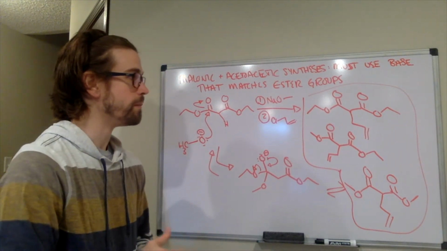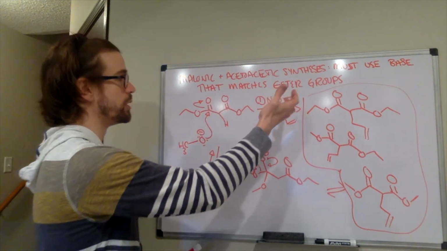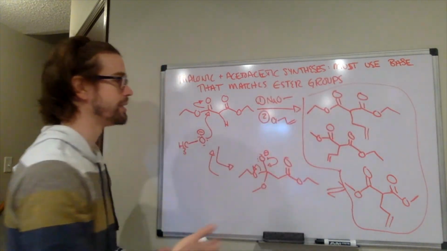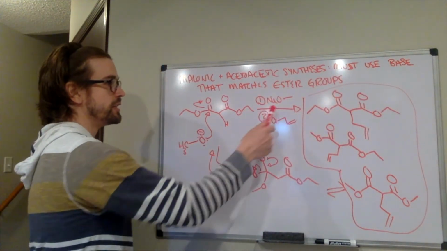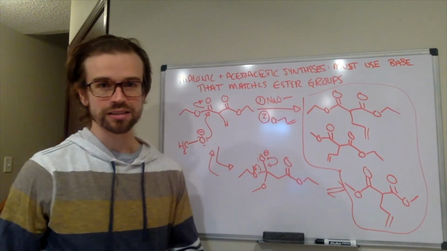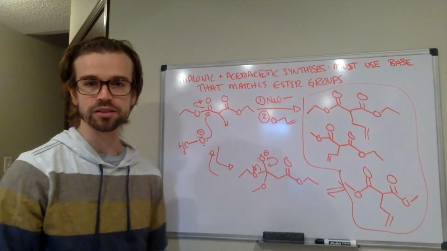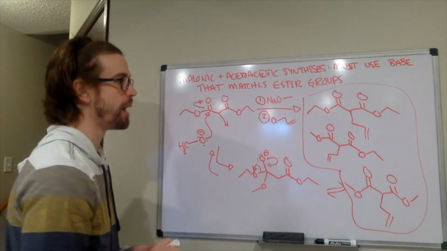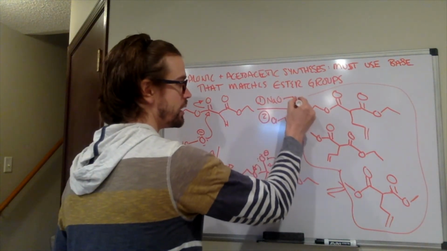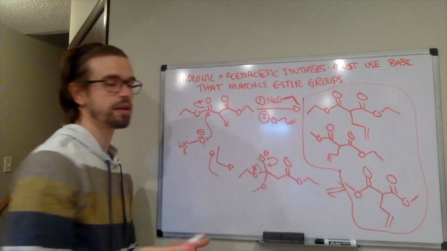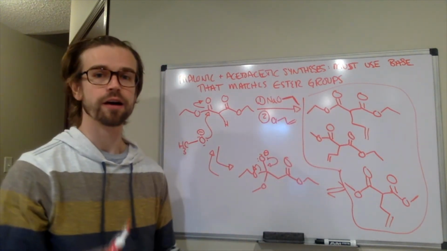So what does it say? We must use a base that matches the ester group. This base, sodium methoxide, is just a methyl group, and doesn't match the ethyl esters. So how do we solve this problem? We instead use the ethoxide base.